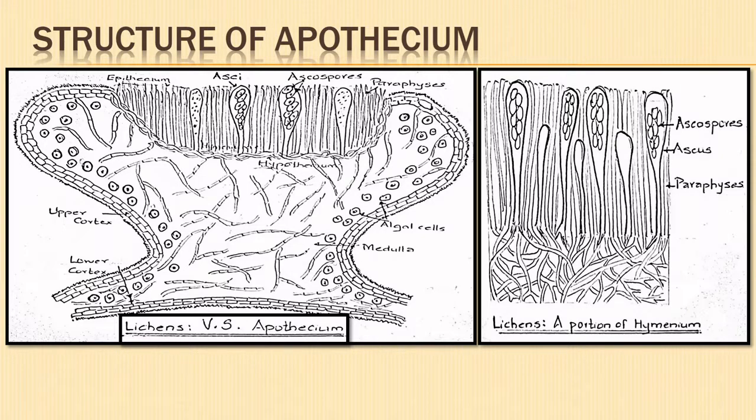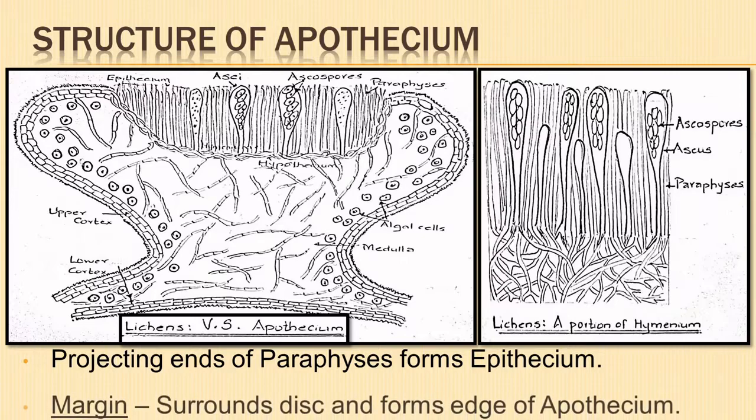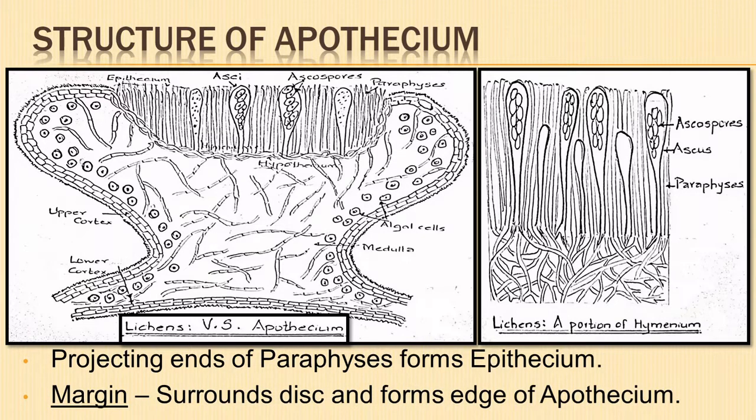The projecting ends of the paraphysis form a smooth surface known as the epithecium. The margin of the apothecium, surrounding the disc and forming the edge of the apothecium, is the proper margin.